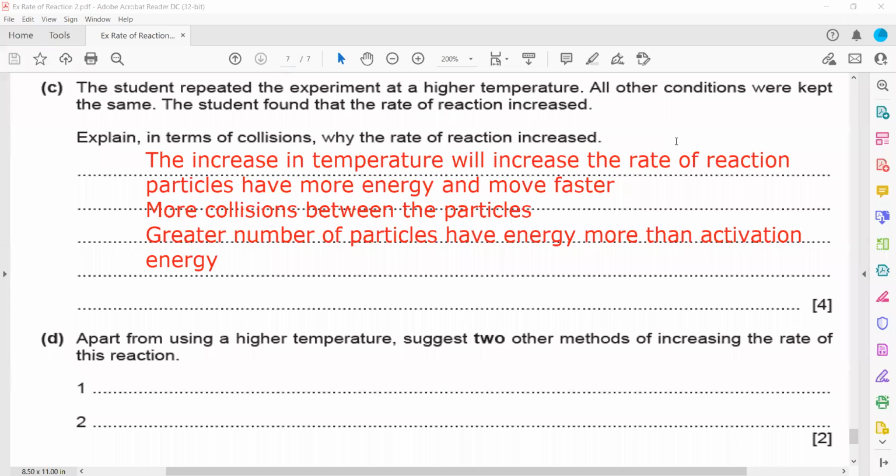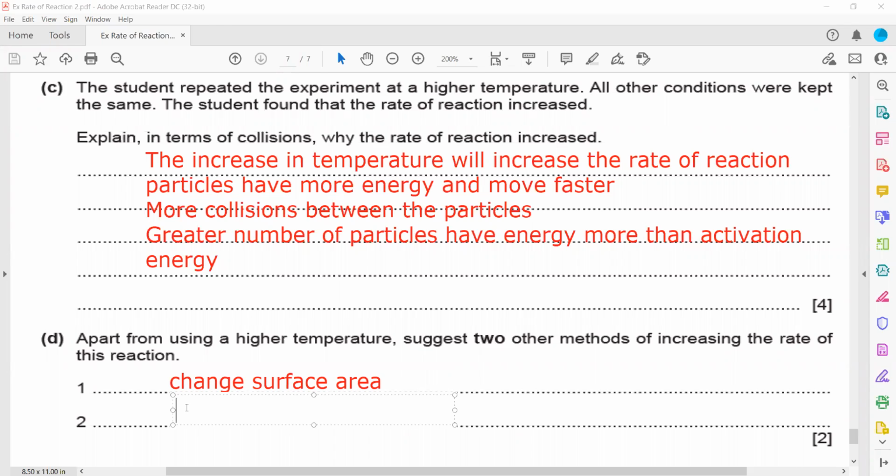Apart from using a higher temperature, suggest two methods to increase the rate. So which two methods can increase the rate? How can we change the rate of the reaction? We can change the surface area, or what else can we use? We can change the concentration, because pressure can also affect the rate, or we can use a catalyst.